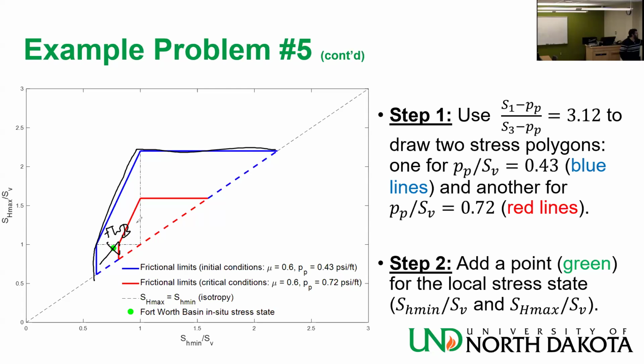I'm stable because the green dot is inside the blue polygon. But as the pore pressure increases, the polygon shrinks, and the green dot is outside of the final polygon. Then I'm in trouble. That's when I get the earthquakes.